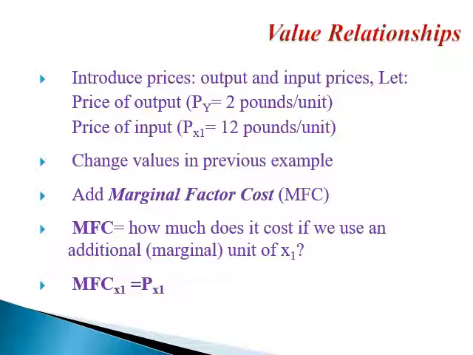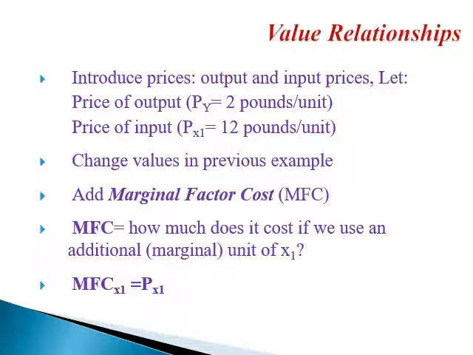You say, how come I am using an input that is so expensive and I'm selling and producing an output that is so cheap? Okay, remember, total revenue, as we know, is P of y times y, which is the unit price of output times the amount produced of output. And the variable cost, assuming that I have only one variable input, will be P of x1 times x1.